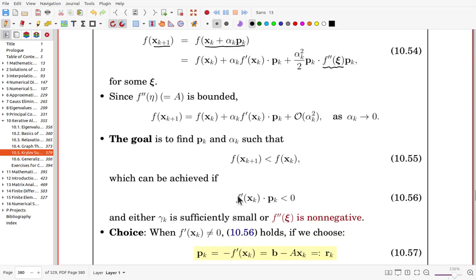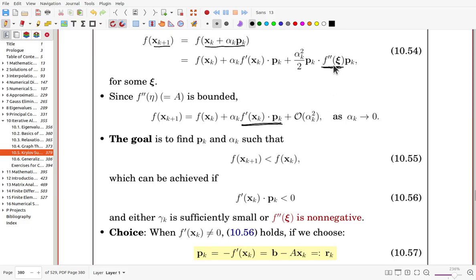Okay. Now, a very simple choice is that if this portion is smaller than 0, then that will be satisfied. So we try to find p_k such that this portion is smaller than 0. Then this inequality must be satisfied. For this one, A is positive definite, so this is non-negative.